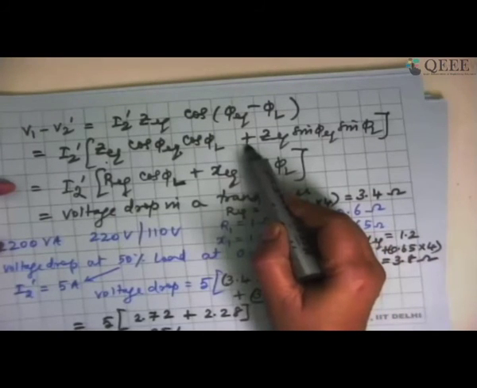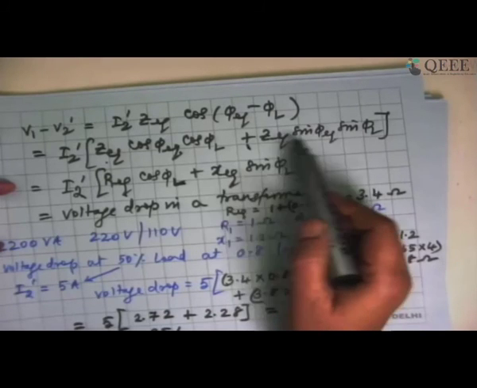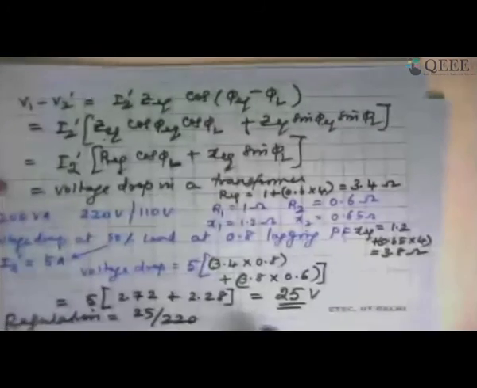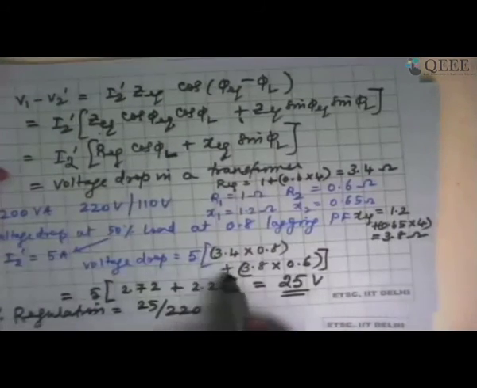Because of which I am going to have this sign also. It can be plus or minus. It will not be plus always. If it is lagging power factor load, it is plus. If it is leading power factor load, it will be minus. That is the reason why the regulation value for lagging and leading power factor loads will be different.